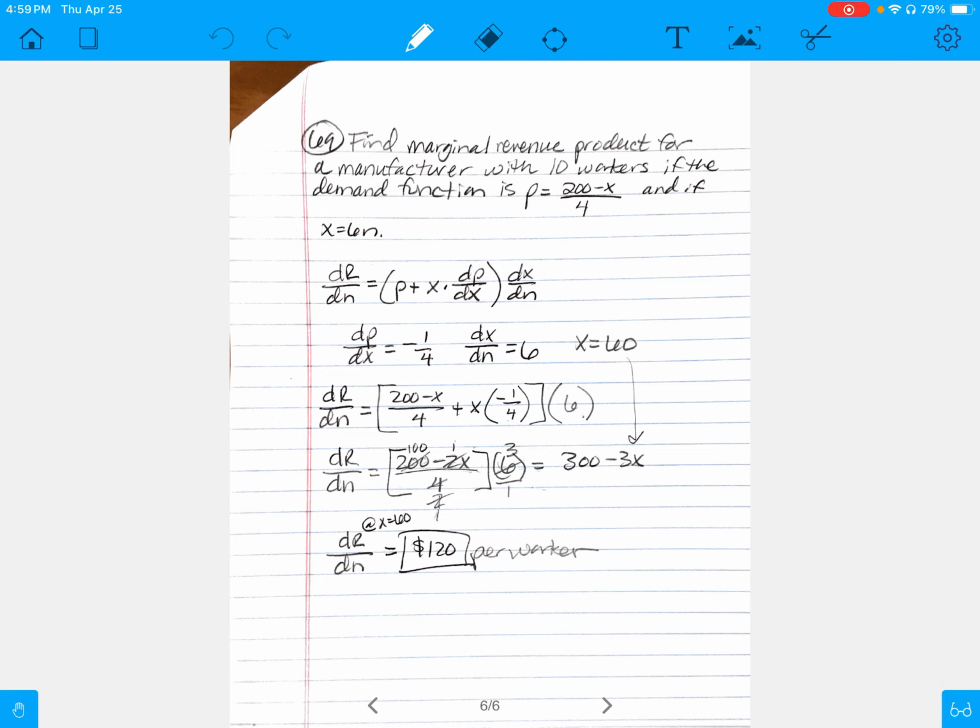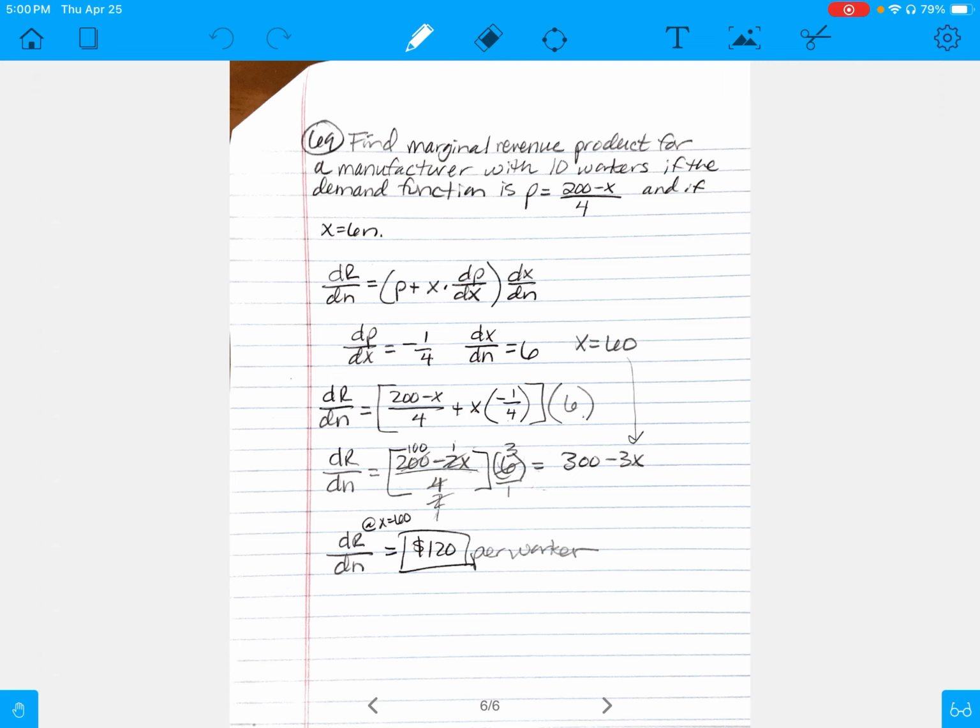And then on our last page, we're dealing with marginal revenue product. For a manufacturer with 10 workers, we've got a demand function, P equals 200 minus X all over 4, and X is equal to 6N. So then here's our equation that we're working with. dr over dN equals, in parentheses, P plus X times dP dx, all in parentheses, times dx dN.